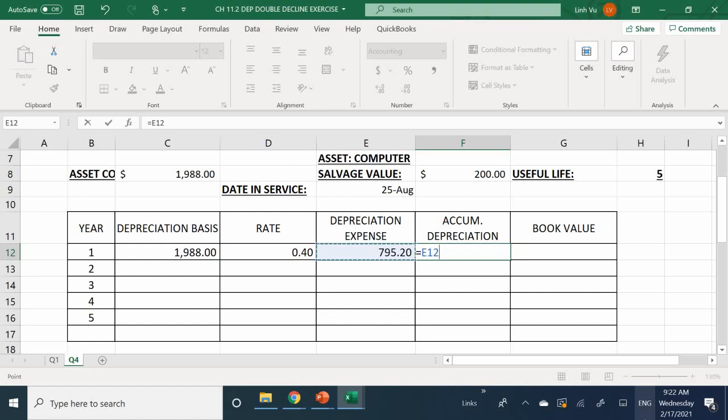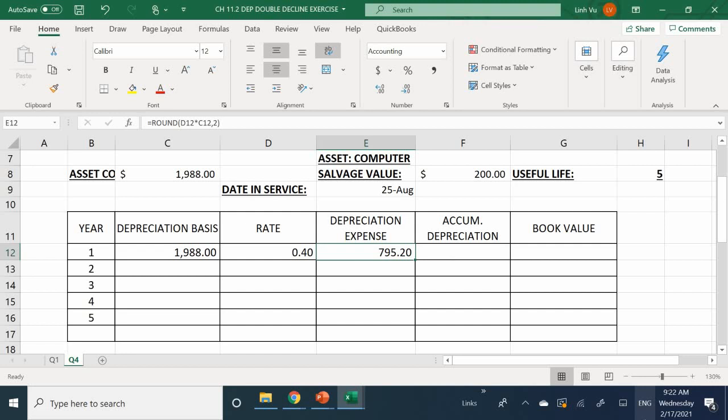So what is my accumulated depreciation? Well, it'd be 795.20 if it was for the whole year, right? Good. But I only did 4 months. So 795 is for the whole year. How am I going to calculate this amount?